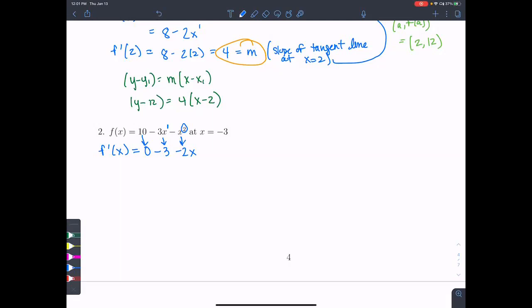Okay, so we want to know what the derivative is at negative 3. So we have negative 3 minus 2 times negative 3, which is negative 3 plus 6, which is 3.